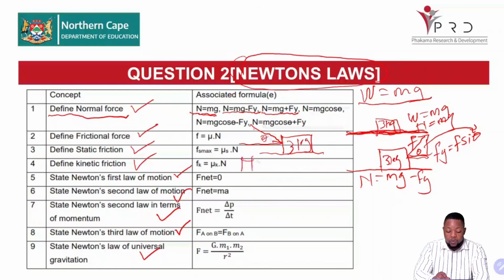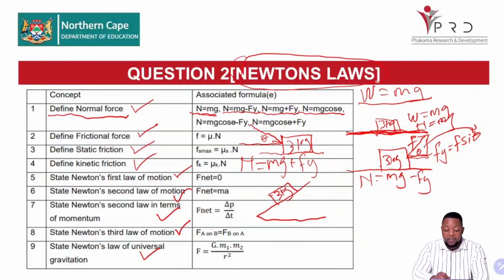So that's when we're going to have a normal force is equals to mg plus Fy. Remember, the Fy is the F sine theta. Then we'll also have a scenario where normal force is calculated as mg cos theta. When is it calculated as mg cos theta? That will occur if our object is now placed on an inclined surface.